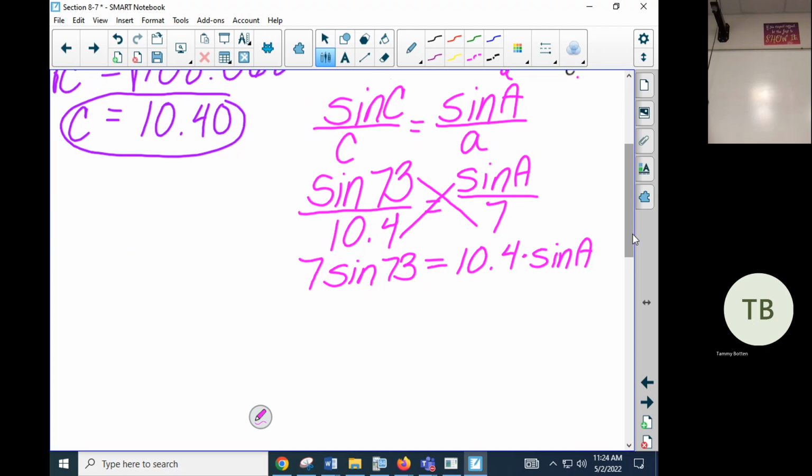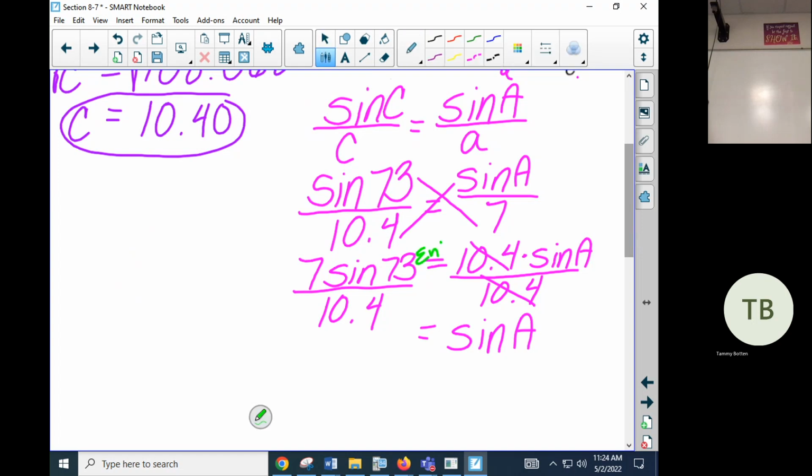The first thing I have to do is get rid of this 10.4. How do I do that? Divide by 10.4. These are gone, and I get sine of A equals, and now I'm going to type this into my calculator.